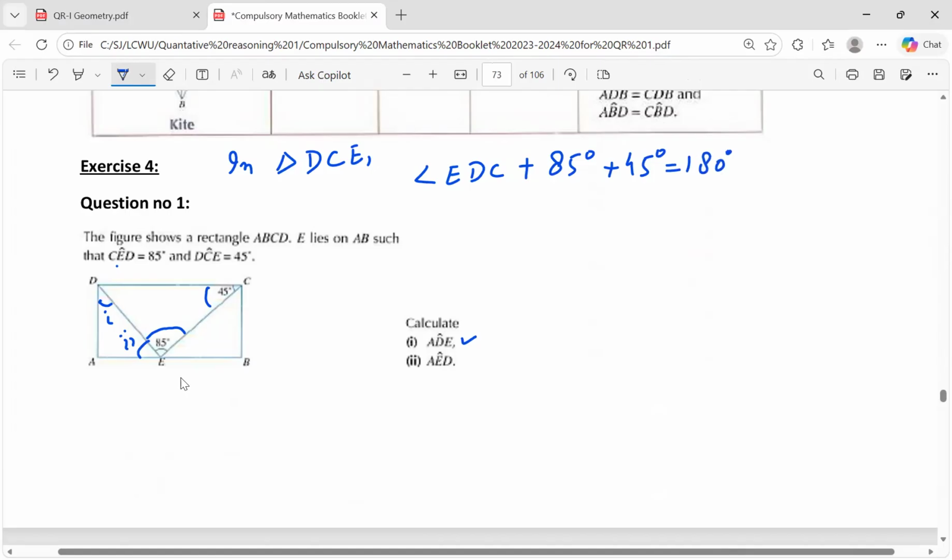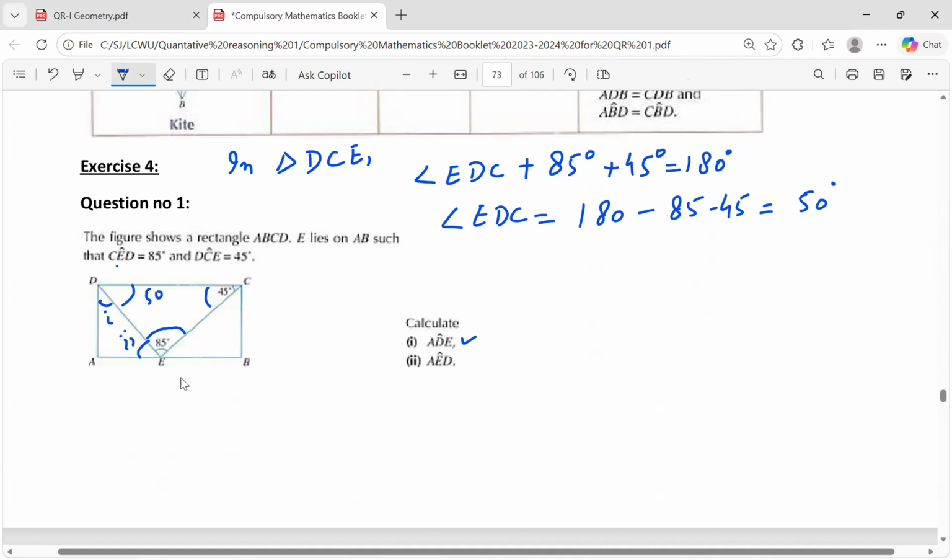So it means that angle EDC is equal to 180 minus 85 minus 45 degrees. 85 plus 45 equals 130. If you subtract 130 from 180, you will be left with 50 degrees. So this one angle is 50 degrees.